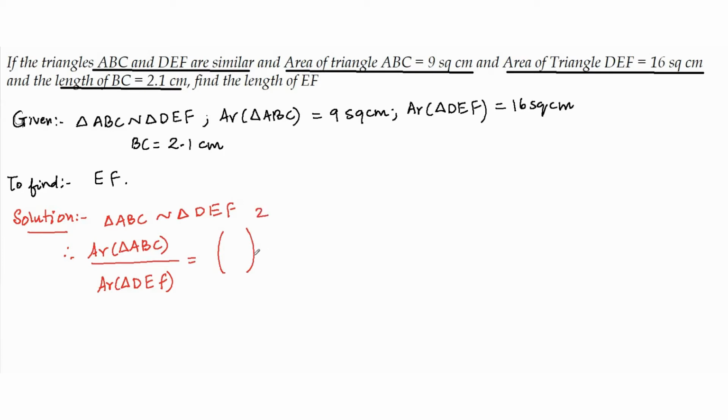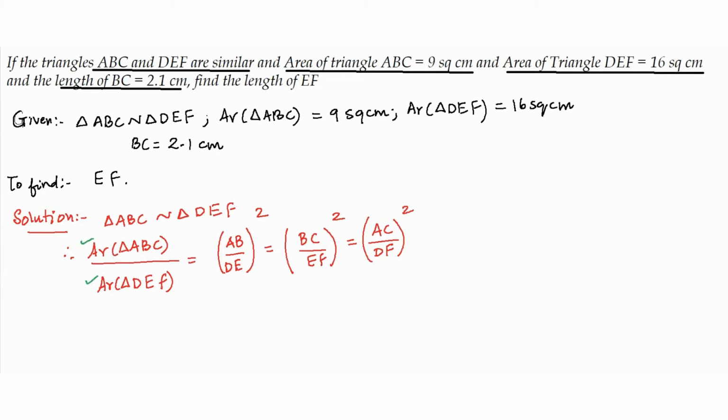Now scaling factor basically means the ratio of the sides. So I can either choose AB upon DE as my sides because those are the corresponding sides, or I can even choose BC upon EF, or I can also choose AC upon DF as my corresponding sides.